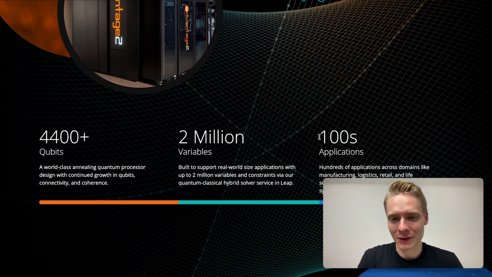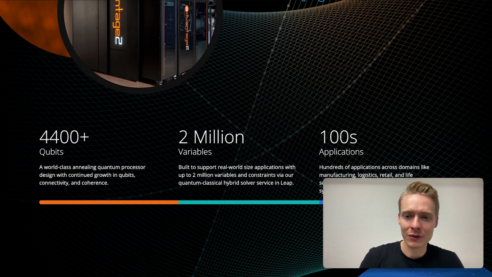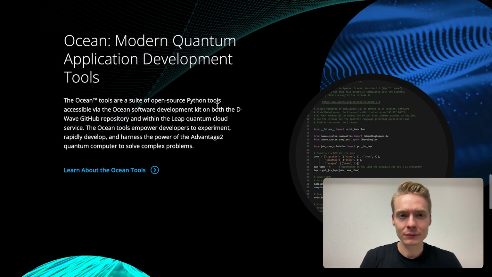So then here also it says hundreds of applications across domains like manufacturing, logistics, retail, and life sciences already exist using D-Wave quantum systems today. And then we see here Ocean, modern quantum application development tools.